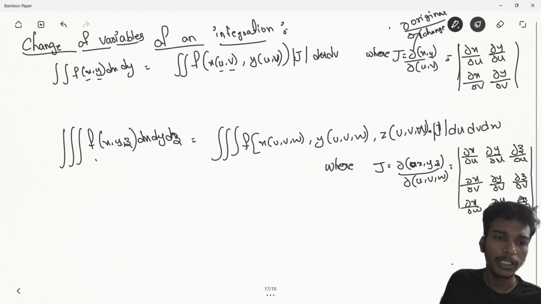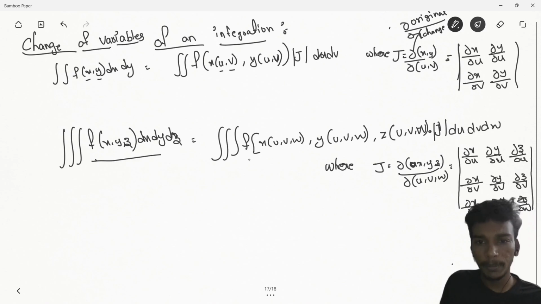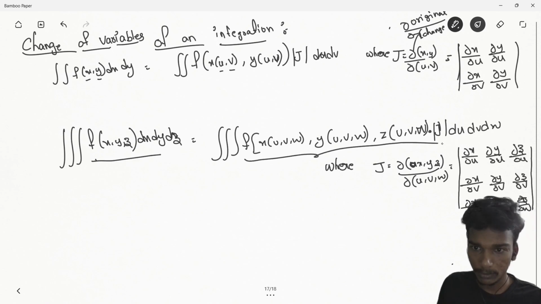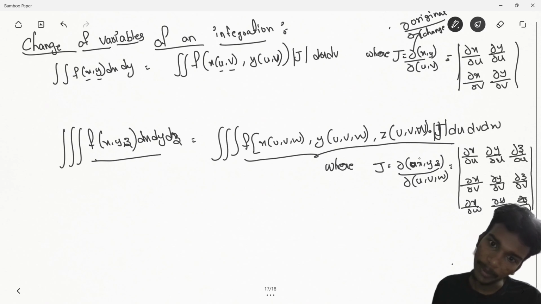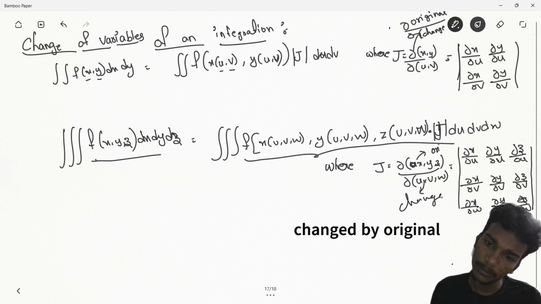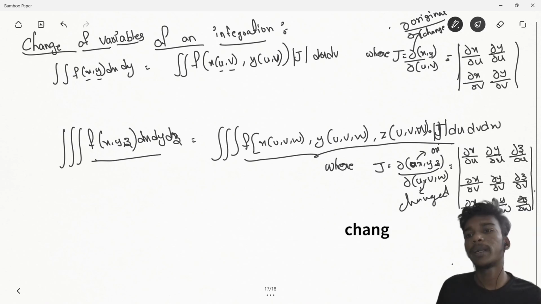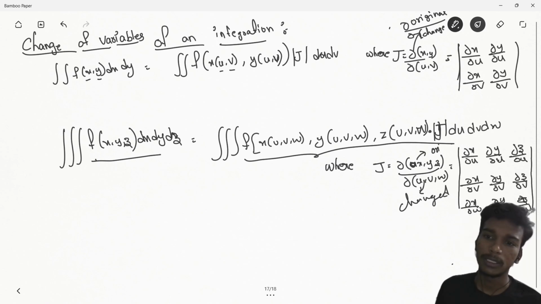If we transform this coordinate system into another coordinate system, then the integral of this function will become like this. Here it's J, and again J is a Jacobian matrix, as I mentioned, with respect to the original by the changed coordinates. This is the Jacobian matrix for a 3D coordinate system.